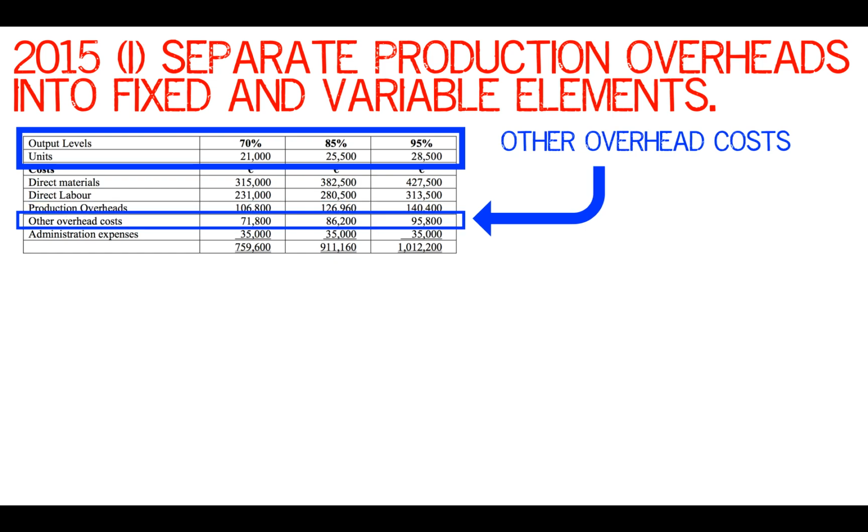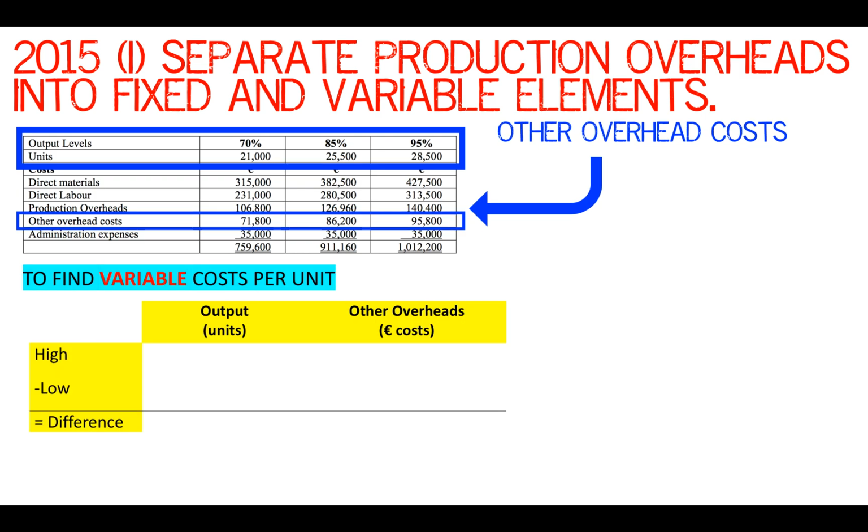The next thing that we're asked to do is to split up the other overhead costs into fixed and variable elements. So we're going to do the exact same thing as we've just done. First step, we'll use the high-low method to find out the variable cost per unit. The high and low units are the exact same as from the previous one, so you don't even need to write that out again.